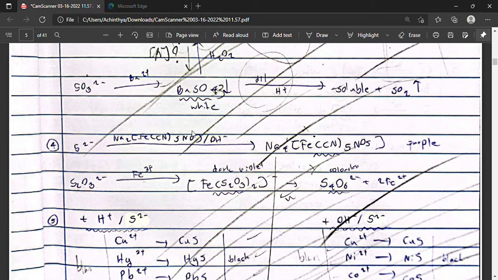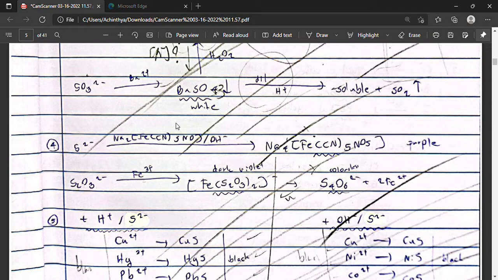This compound over here is called sodium nitroprusside, Na2[Fe(CN)5NO]. If we were to add sodium nitroprusside in basic medium into the sulphide ion solution, we get this purple color complex, Na4[Fe(CN)5NOS].